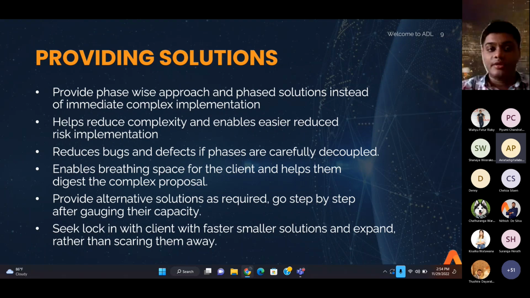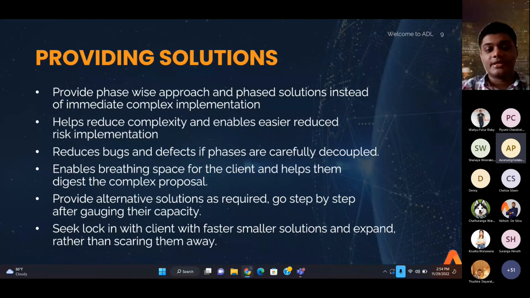And a phased solution will also reduce risk, because a phased solution means you are breaking down phase by phase rather than a complete implementation. That's ideal more for complex solutions. And this will also reduce bugs, because if phases are carefully decoupled, the bugs and defects at the integration level and at the complex level are high, because mostly independent bugs could be fixed, but at the dependency or the higher-level module, mixed-up bugs are hard to find, hard to fix, and hard to give a solution for.